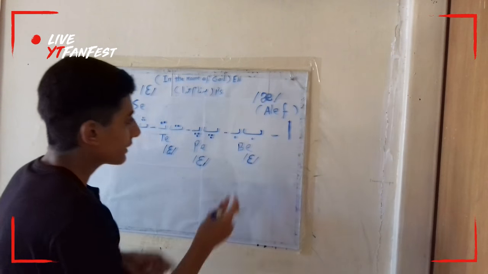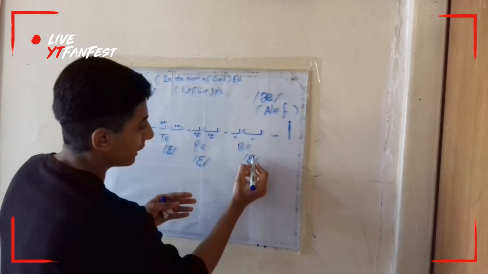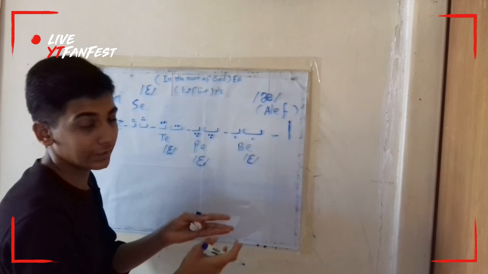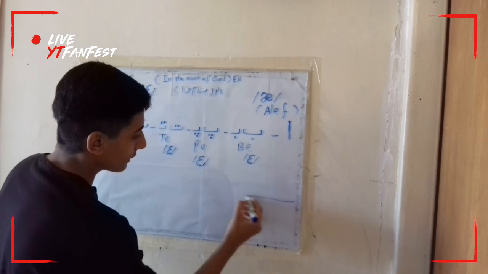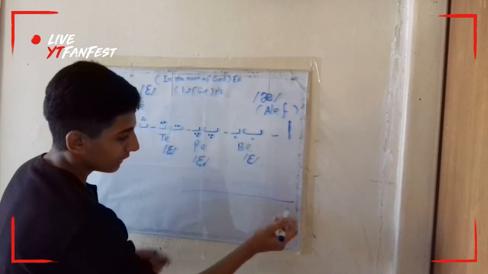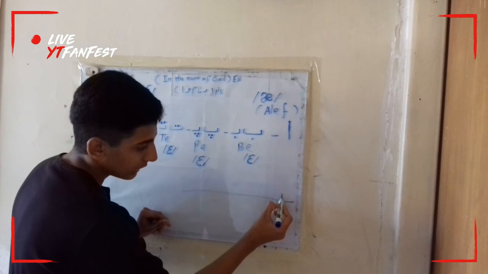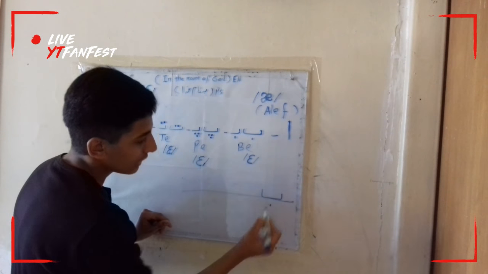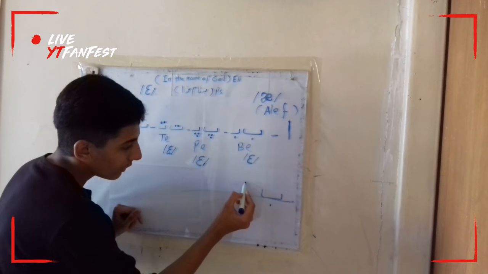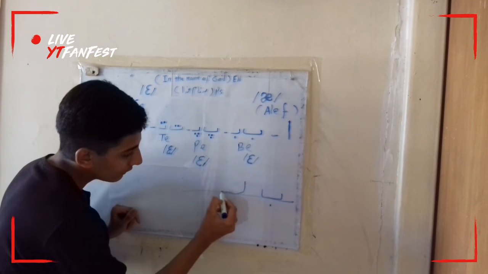And the second one is B, the phonetic B. The way of writing this is just like this. Imagine that's a line. You have to write it just like this. I'm going to write the letter bigger.